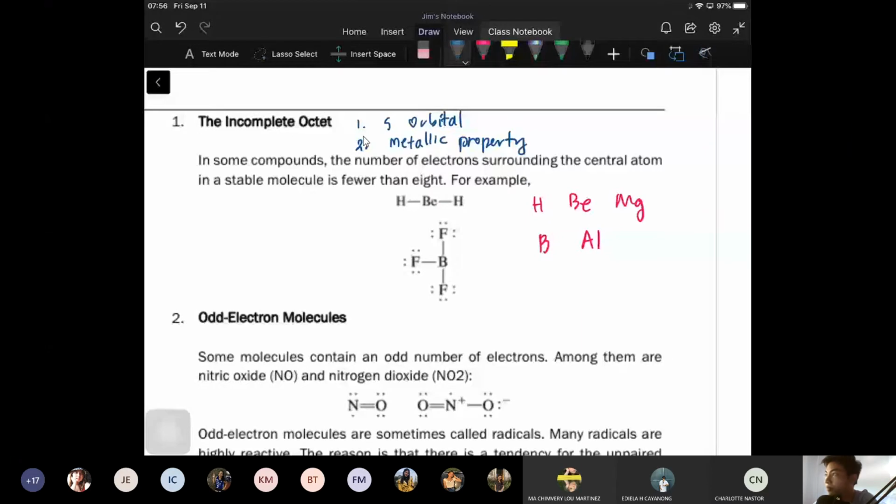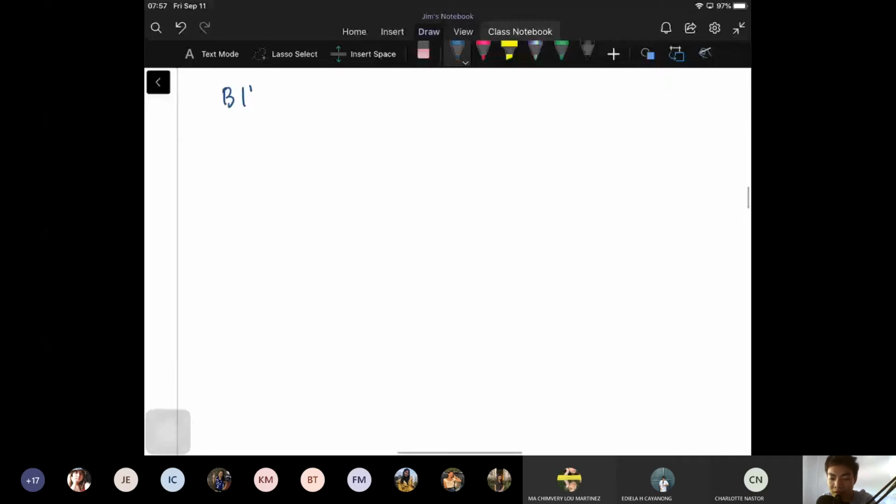Okay, so boron and aluminum, these atoms are found in a p orbital. Yes. Pero, again, they have metallic property. So, they really don't like accepting electrons. So, ayaw nila masyado ng electron. So, okay lang sila mag-violate ng octet rule. Okay. So, bibigyan ko kayo ng proof. Kunwari, we have BH3. Kunwari, nakalimutan nyo yung technique natin.